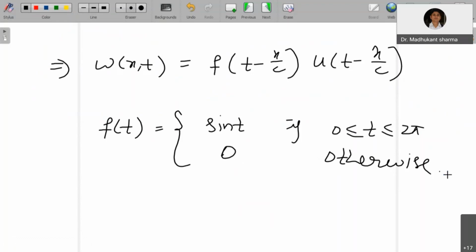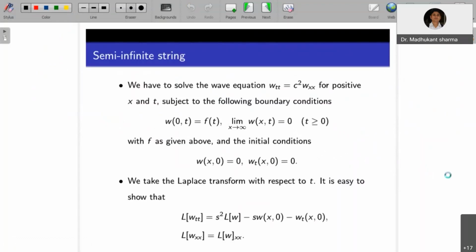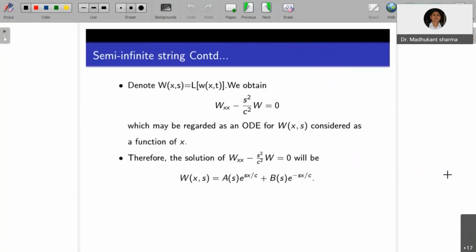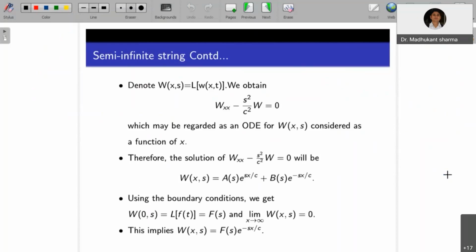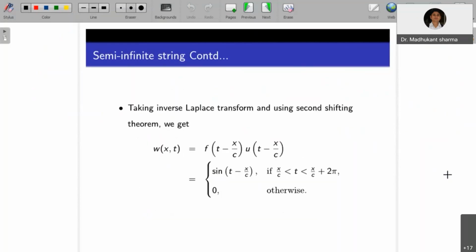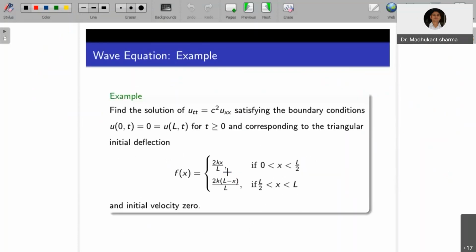So this is the final solution. And you can also rewrite this in the following form: sine of t minus x by c, whenever this happens. Now let's look at an example of the wave equation.